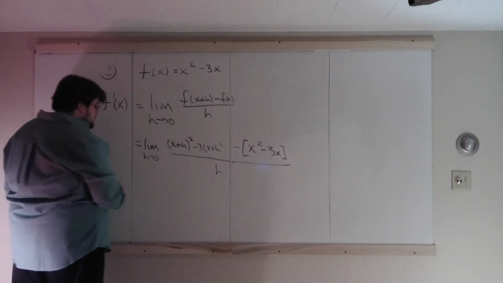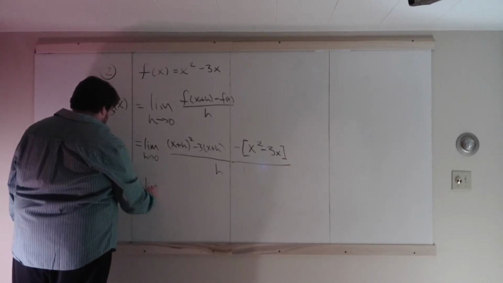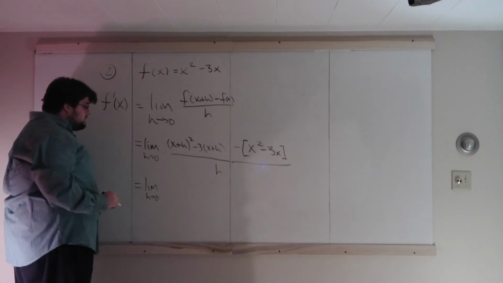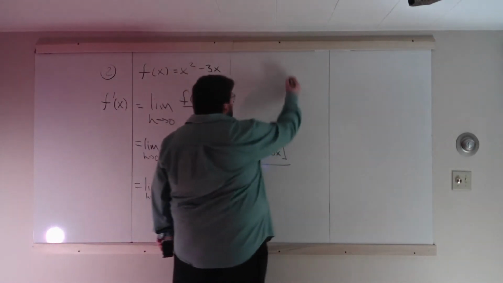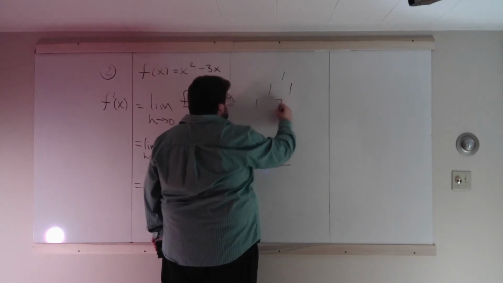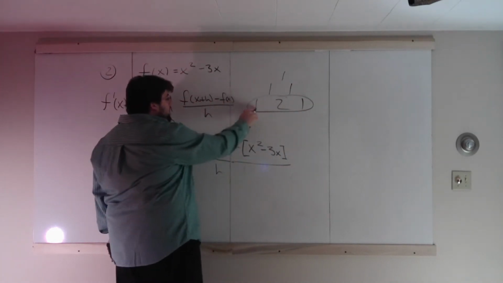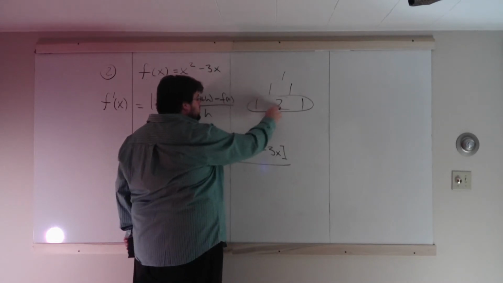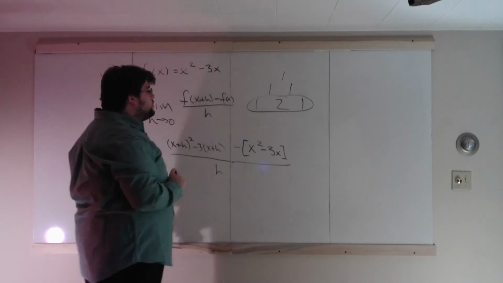So what we can do is use some algebra. X plus h squared, well, you could use Pascal's triangle on x plus h squared with this row. So you'd get 1 x squared h to the 0 plus 2 x to the 1 h to the 1 plus 1 x to the 0 h to the 2.